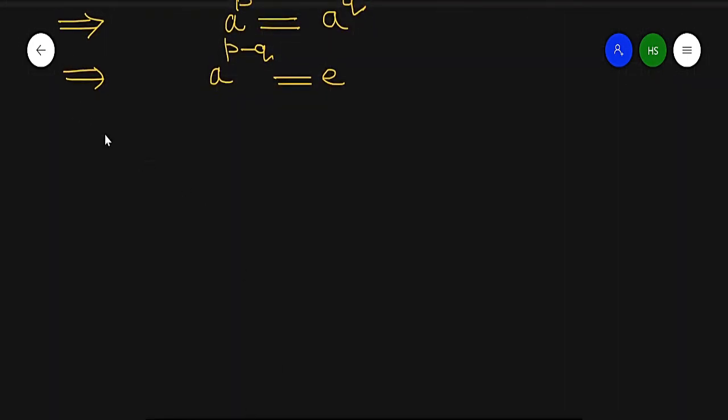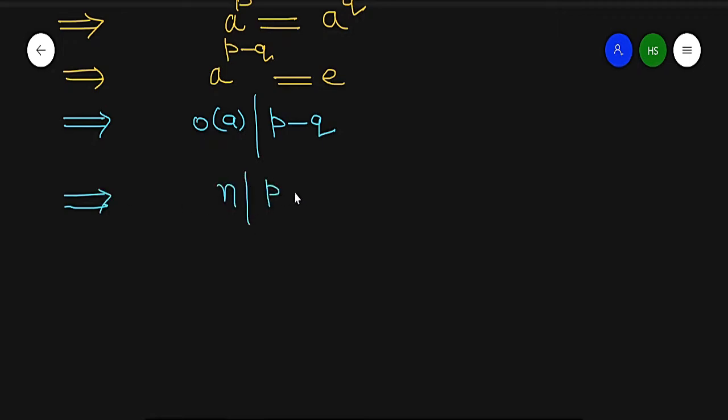The order of a is n, so n divides p minus q.